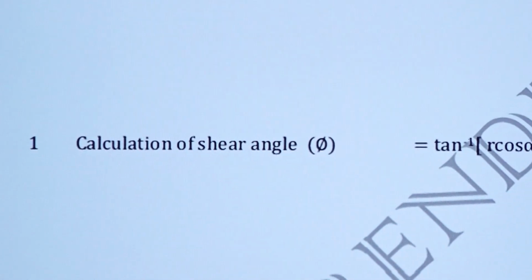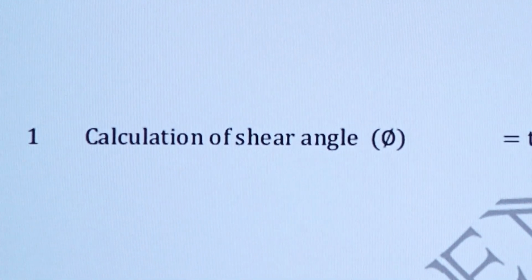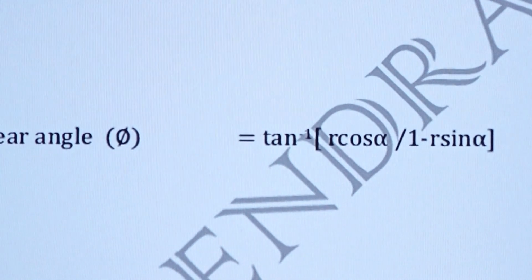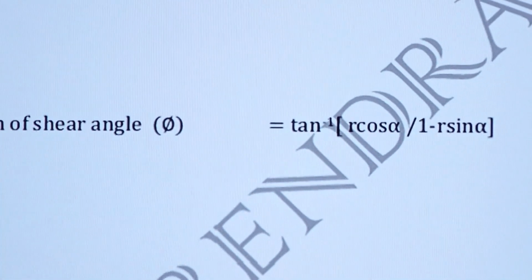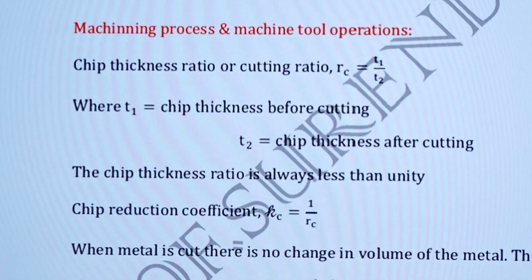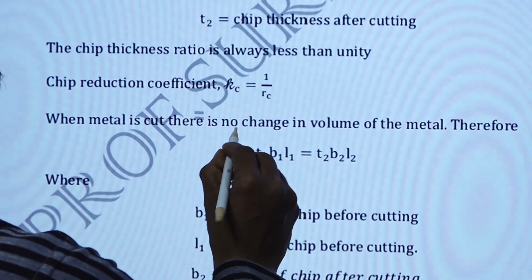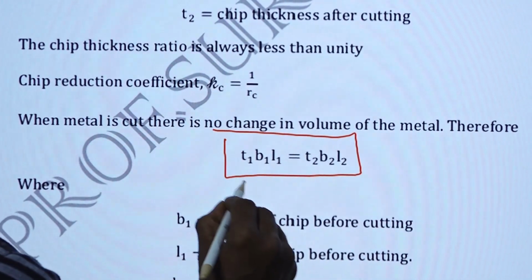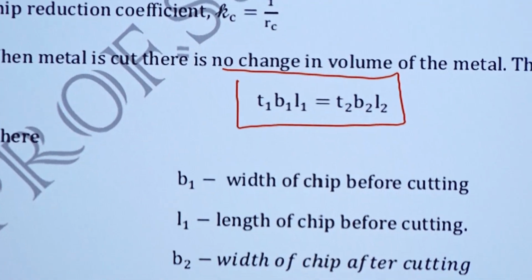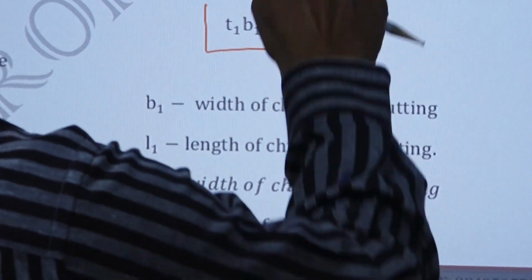And the calculation of shear angle: phi equal to tan inverse of r cos alpha divided by 1 minus r sin alpha, because we know that tan phi equal to r cos alpha divided by 1 minus r sin alpha. We can say that when the metal is cut, there is no change in volume. It is an important assumption. So the width before cutting and after cutting are equal.